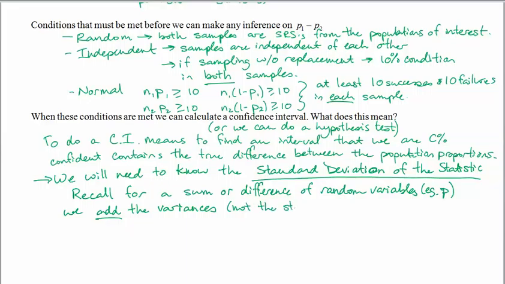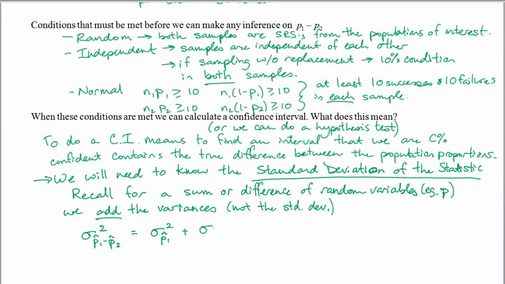In other words, the variance of P1 hat minus P2 hat, the variance of the difference in the sample proportions, because that's what we're wanting to test or get the confidence interval for, is going to be the sum of the variances, the variance for P1 and the variance for P2.